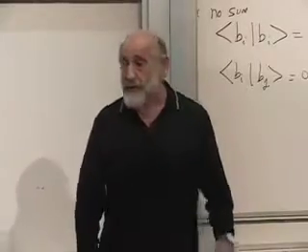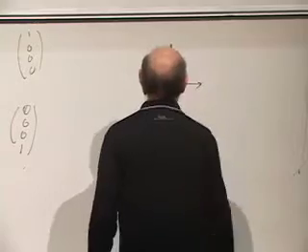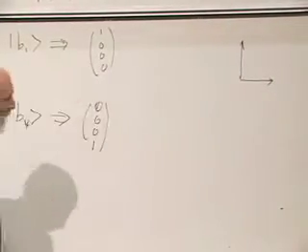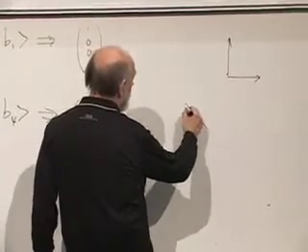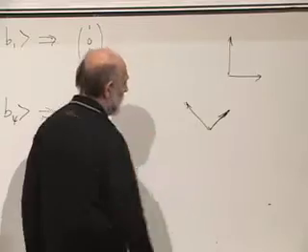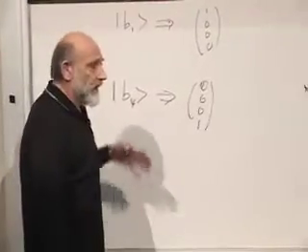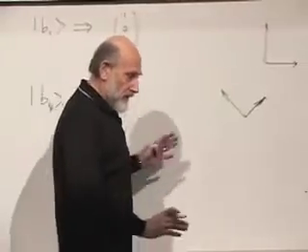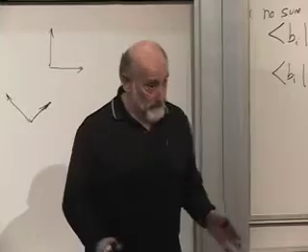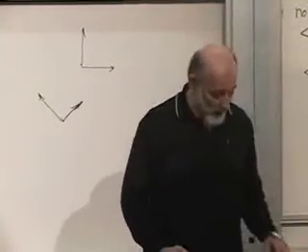Just as I could choose these two vectors to form a basis on the blackboard, I could also choose these two vectors, as unit vectors. So there's a degree of ambiguity in the basis, but you can check whether a given set of vectors is a basis by calculating their inner products.